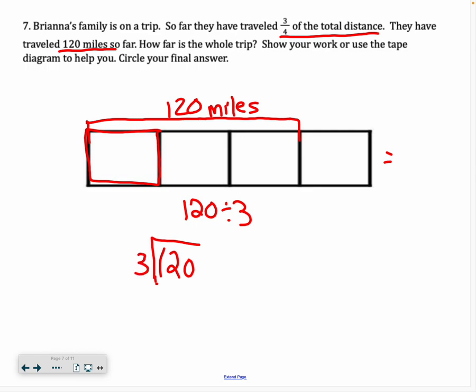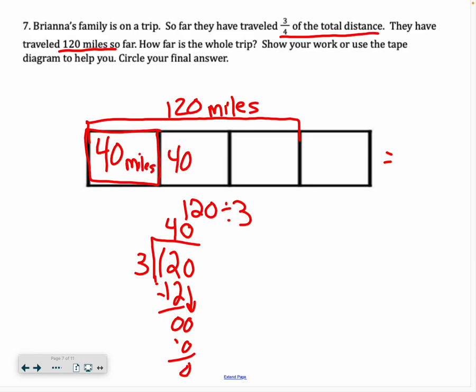3 goes into 12 4 times. 3 goes into 0 0 times. 40. So 1/4 of the trip is 40 miles. I'm going to put that 40 in each of these boxes.